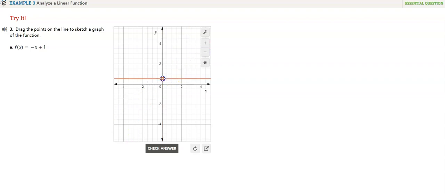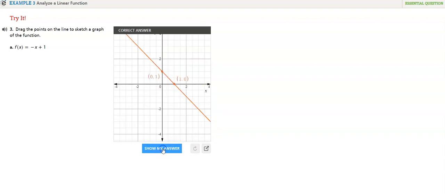So I'm going to start at my y-intercept and go down 1 over 1. If I've done it correctly, my line should look like this. Check my answer, and you can see here are my points, my x and y intercepts. Go ahead and graph the next graph, so we can check it in class.